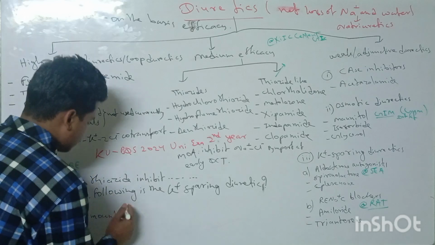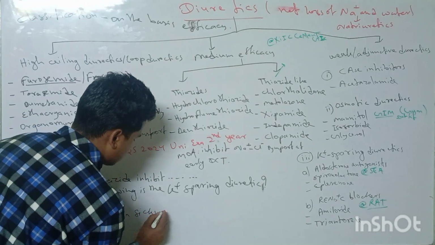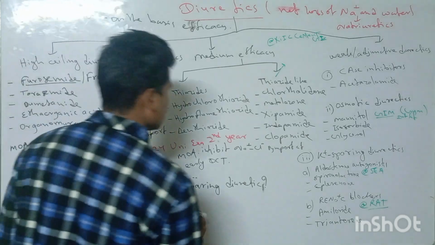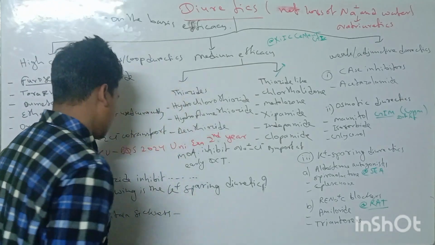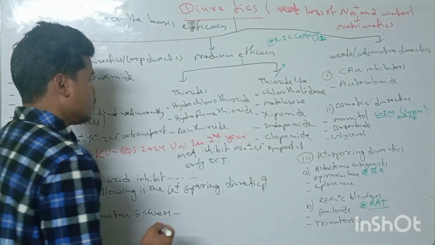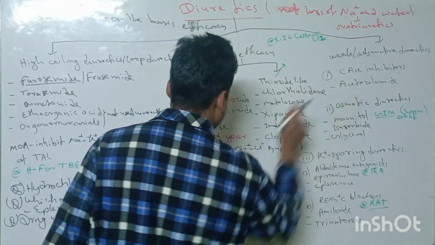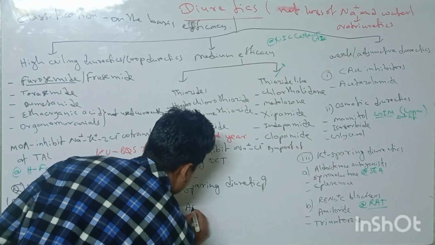Drug used in mountain sickness. There were 4 options again, and one option was acetazolamide.